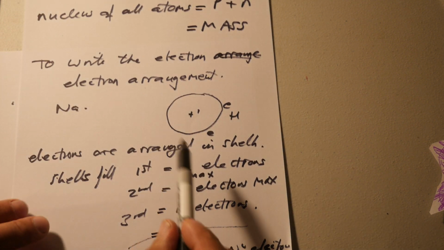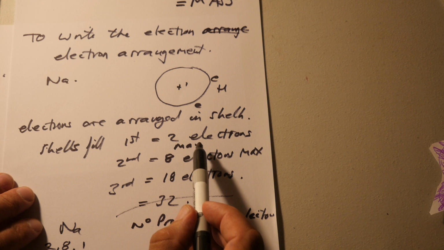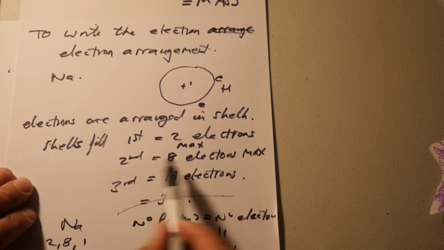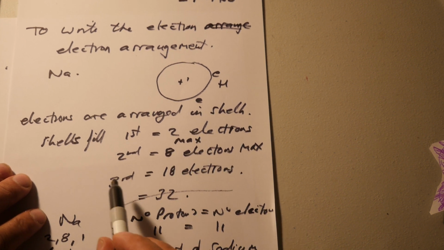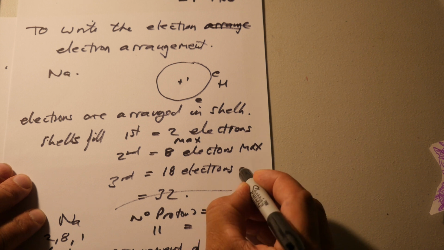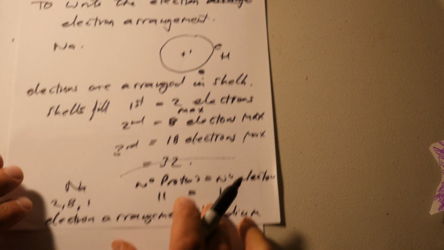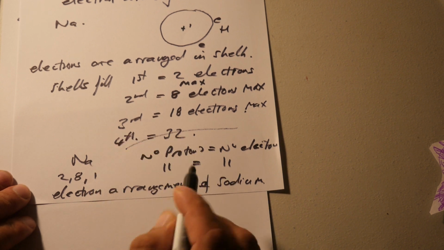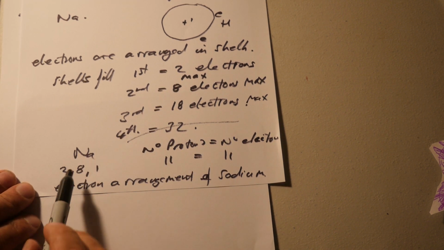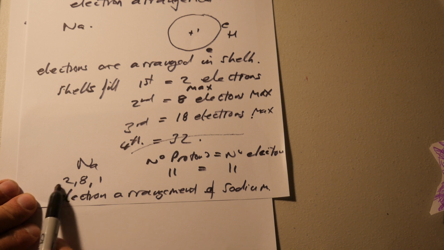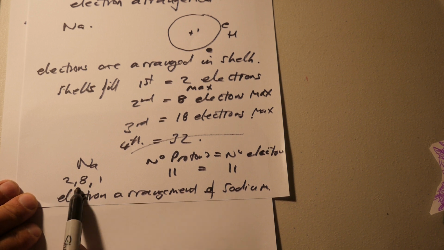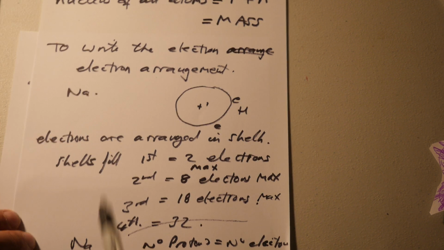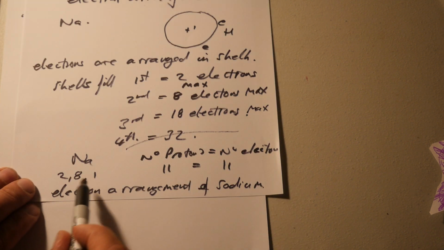To work out the electron arrangement, the first shell can take a maximum of 2 electrons, the second shell a maximum of 8 electrons, the third shell 18, okay? But you don't need to worry about these ones. So for sodium, the first shell is 2 electrons, the second shell is 8, but there's a total of 11 electrons, so the third one must have 1.